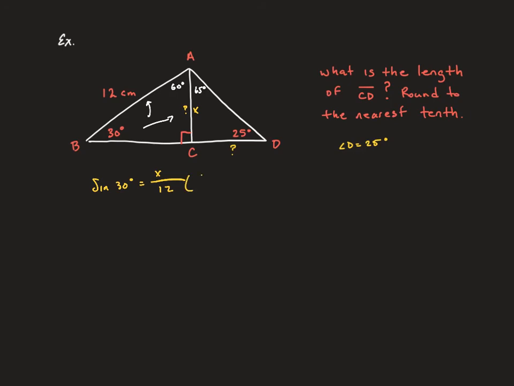So I'm going to go ahead and do my inverse operations and multiply both sides by 12. So 12 sine of 30 degrees is equal to x. So x is going to be equal to, let's see what the calculator is going to tell me, 12 times the sine of 30 degrees is going to be equal to 6. So x is equal to 6.